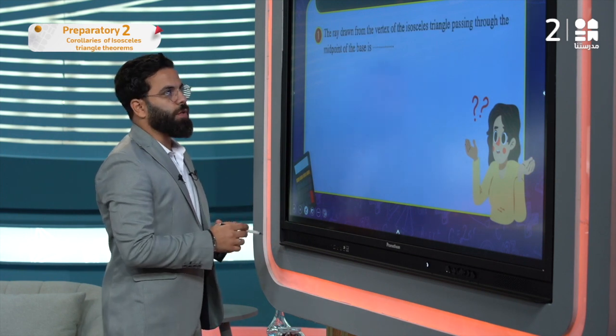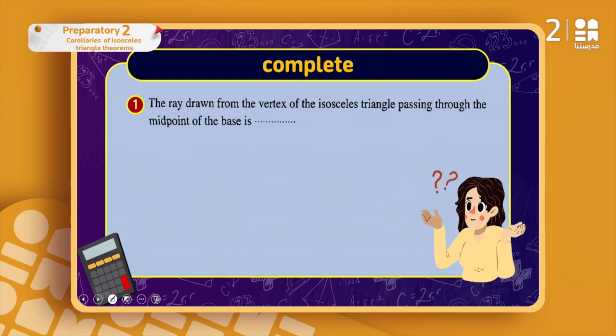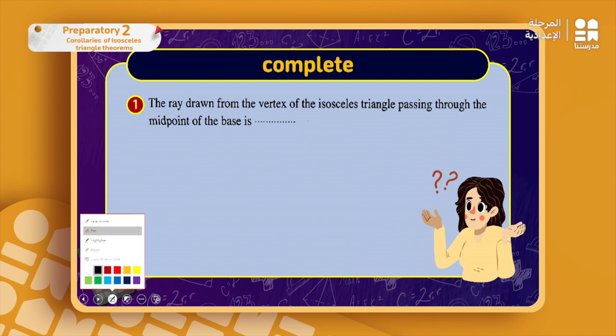Okay, the first one. Complete: the ray drawn from the vertex of the isosceles triangle passing through the midpoint of the base is what, according to the corollaries?